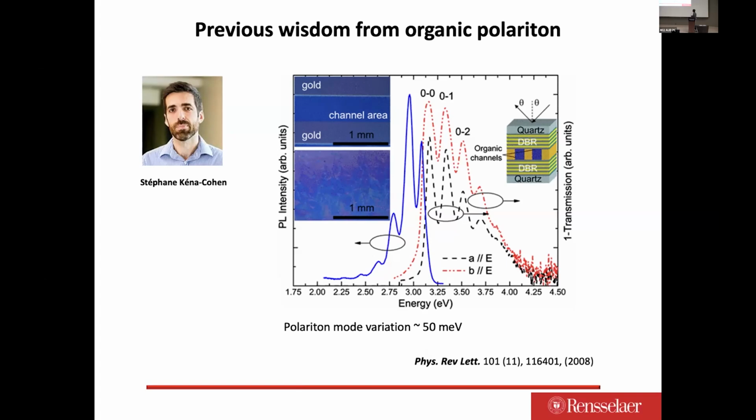But what happened in this growth is that they show polariton mode variation, even though it's single crystal, of about 50 meV. So essentially it's 2 times the room temperature thermal fluctuation, which is not good. So they only published in Physical Review Letters.